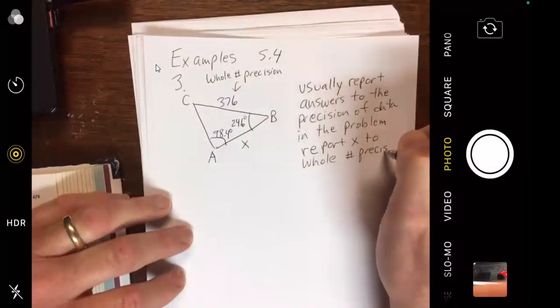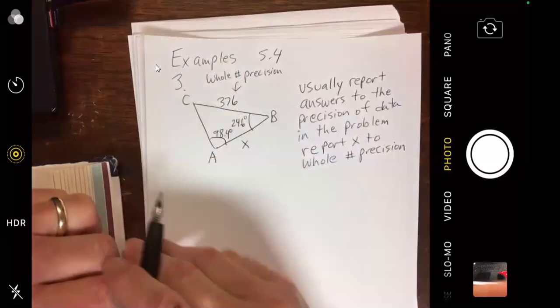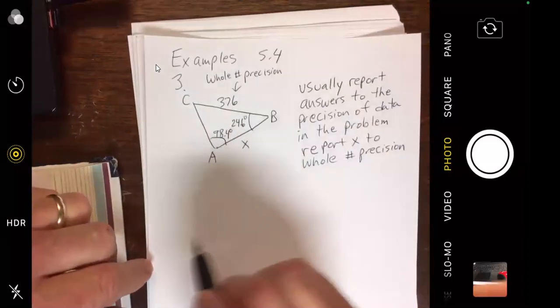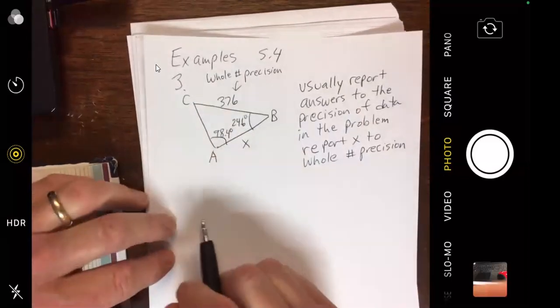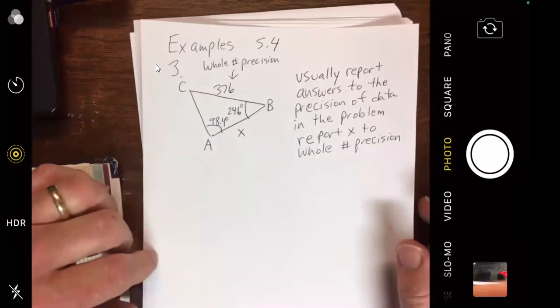It's just a little quirk in the things. I don't make a big deal about how many places you report your answers. I won't mark something false if I said 2 and you reported 3 or something like that. I won't be that picky.